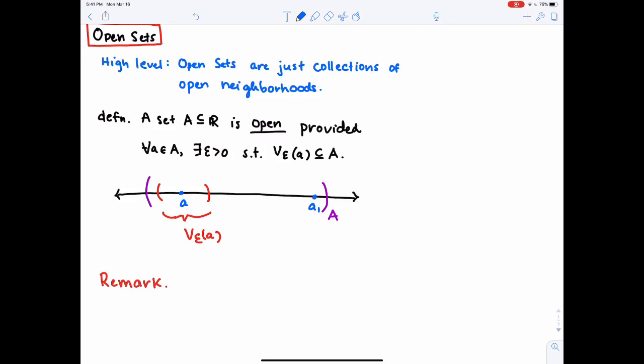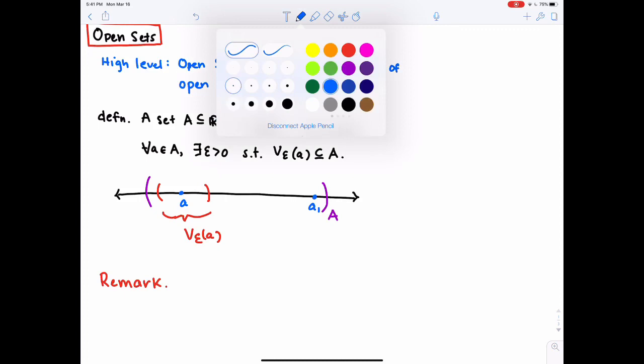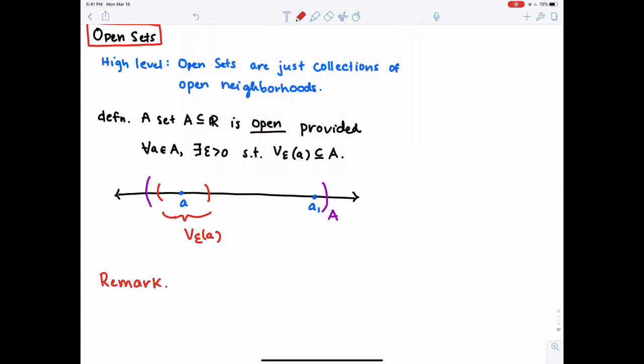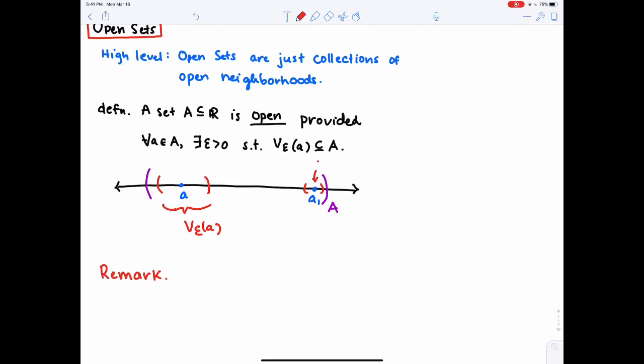Notice that as I move the point that I'm looking at, the value of epsilon possibly needs to change. So a1 is closer to the edge of the set than little a is. And so here I would imagine that the epsilon neighborhood might be a different value. So maybe I'll call it epsilon 1 of a1.